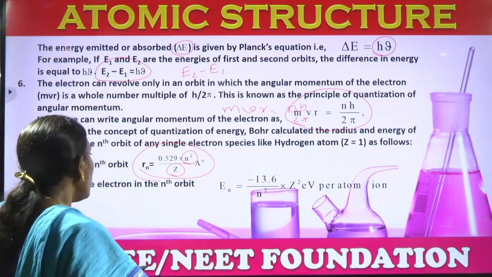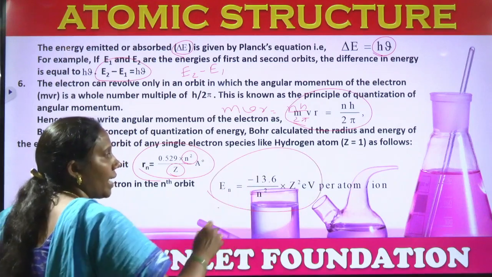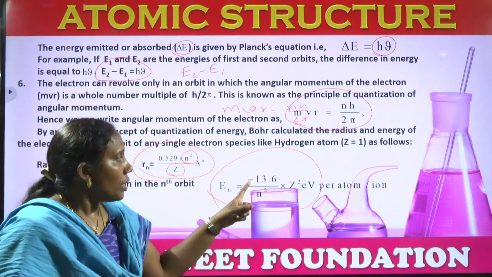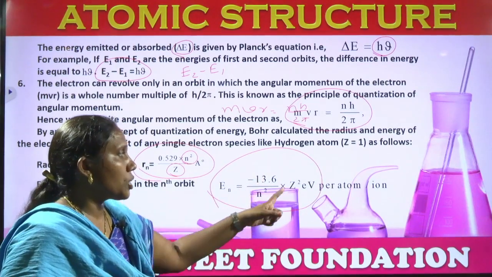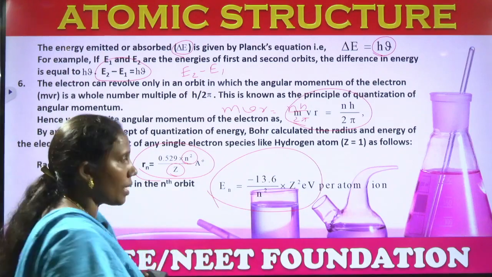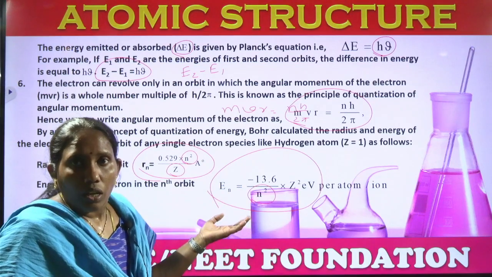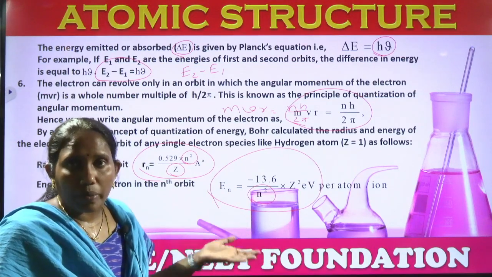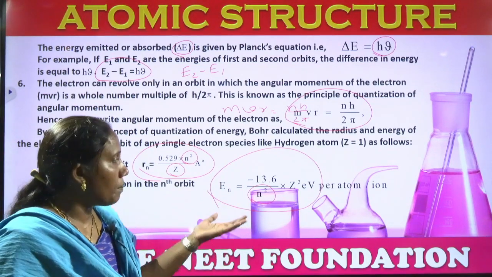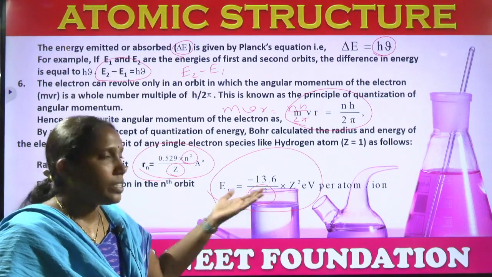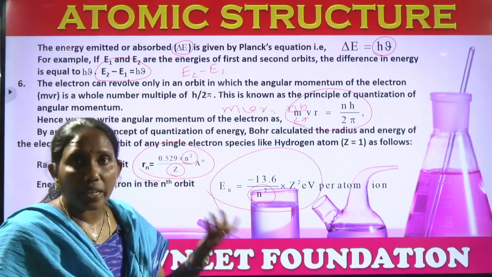Like that, this is the energy of an electron in the nth orbit: En equals minus 13.6 by n square into Z square. Here also, n means the orbit number. If you want to calculate for the first orbit, second orbit, third orbit, you have to substitute that number here, and Z value is its atomic number.